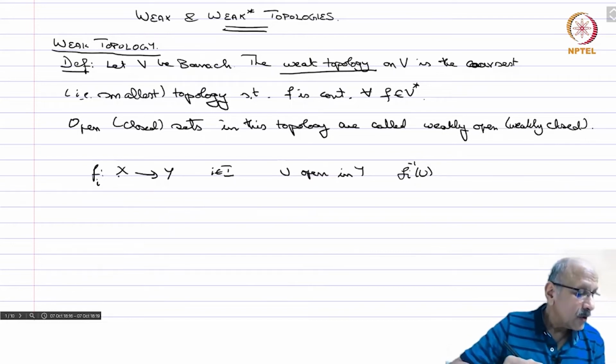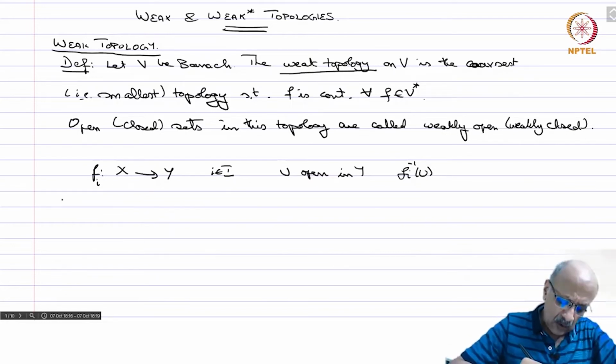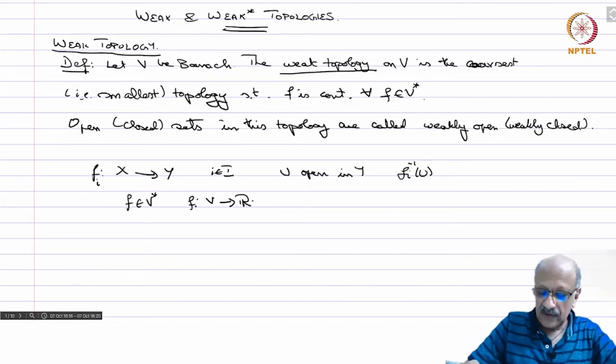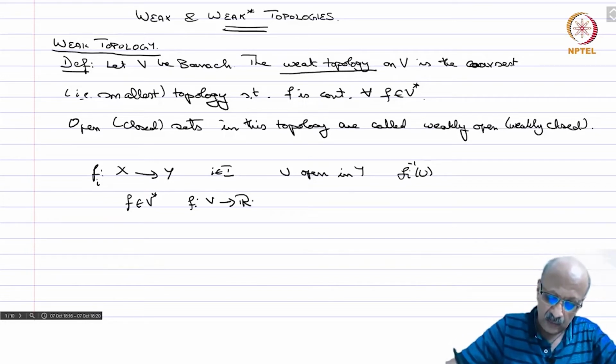Okay, so therefore basic open neighborhood. So what is here, we are taking Y equals R. So we have f in V star. So f goes from V to R, or C, whatever I am saying for R works for C also. So we want every, what's the neighborhood here? So if I take x naught, then x naught goes to f of x naught.